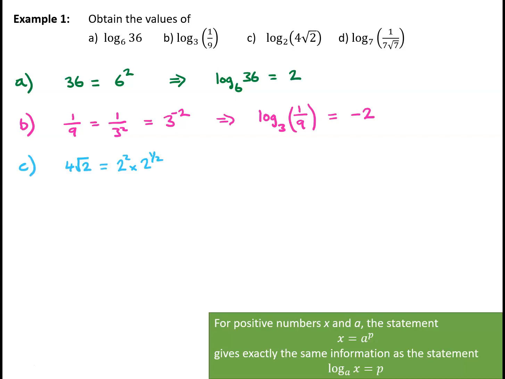So I can say that 4 root 2 is 2 squared times 2 to the half, which is the same thing as 2 to the 2.5, because if I'm multiplying 2 squared by 2 to the half, I've got to add the powers. So I know that 4 root 2 is 2 to the 2.5, so I can say that the log to base 2 of 4 root 2 is 2.5.